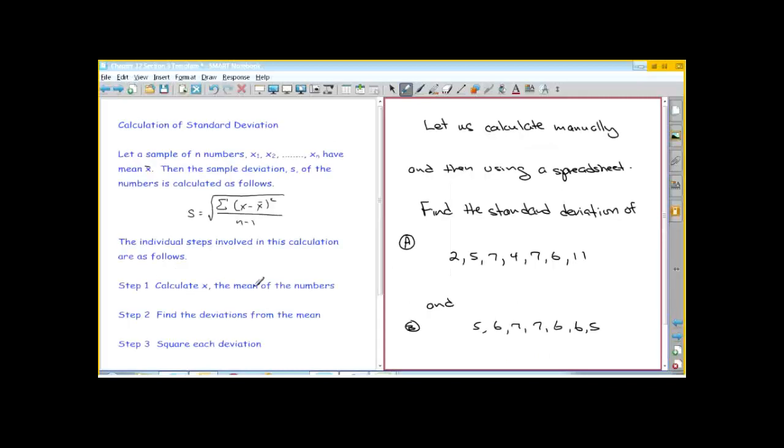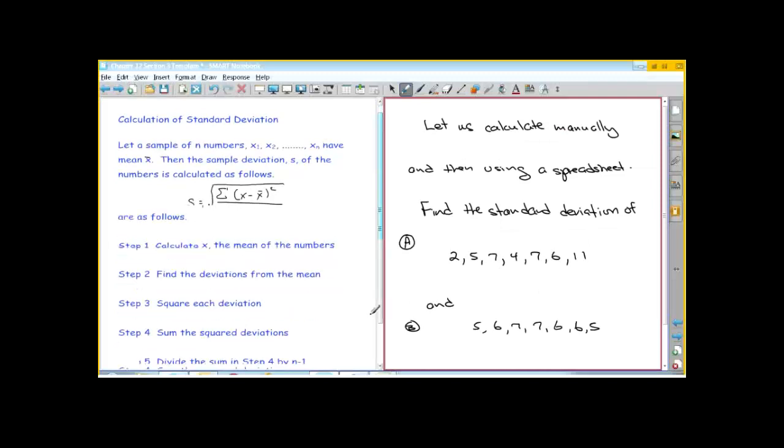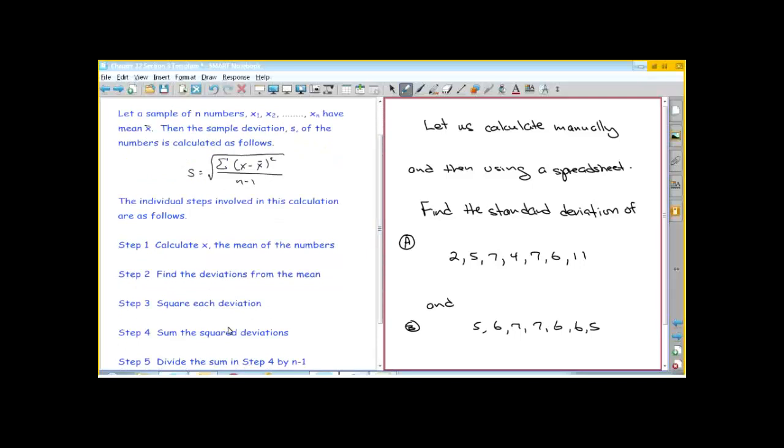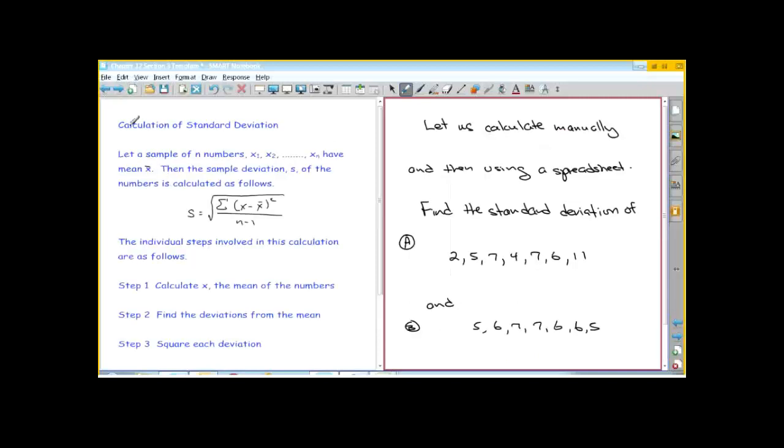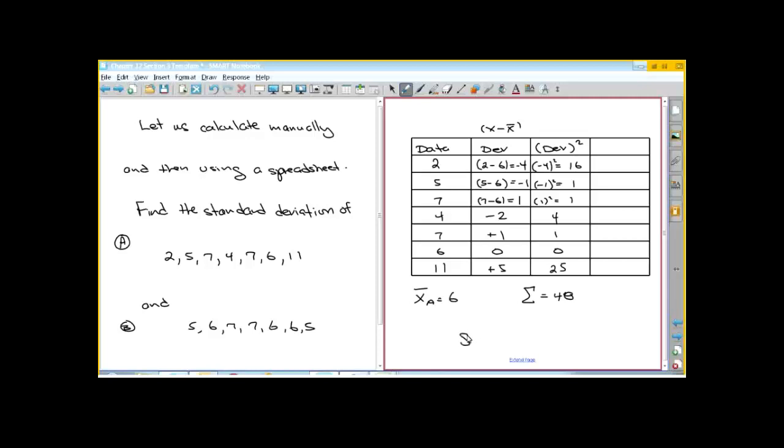So where we are on this whole thing is we have calculated the mean, we found the deviations, which was column 2, we squared each deviation, which was column 3, we summed the squares of the deviations, which is what I did below, right there. So that's the sum of the squares of the deviations. So the actual standard deviation, S, is going to be equal to the square root of the sum of the deviations squared divided by n minus 1.